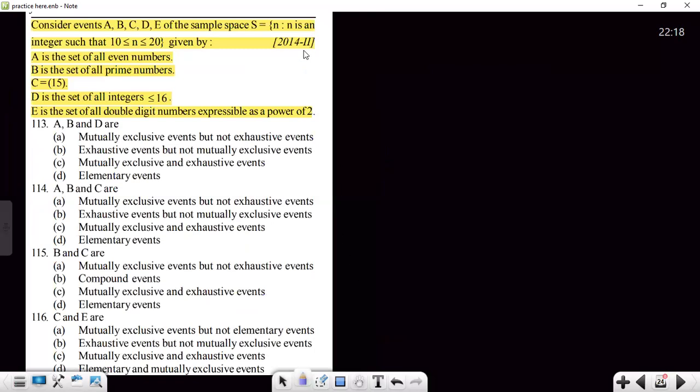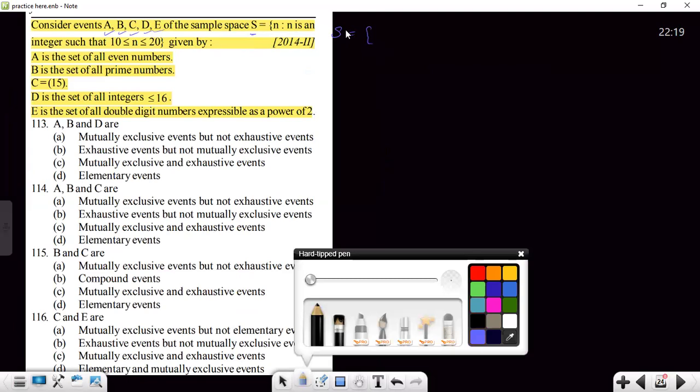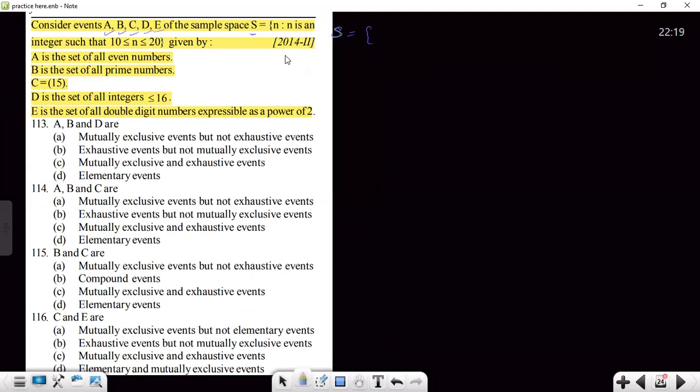Now comes the question. I want you to answer it. These are the events A, B, C, D, E of the sample space. Let me change the color. The sample space is all the integers from 10, including 10, to 20, also including 20.